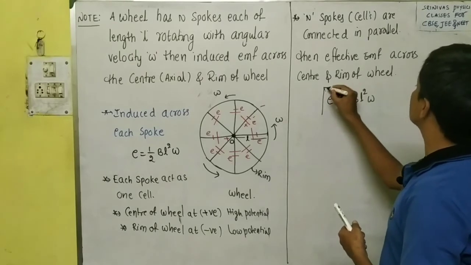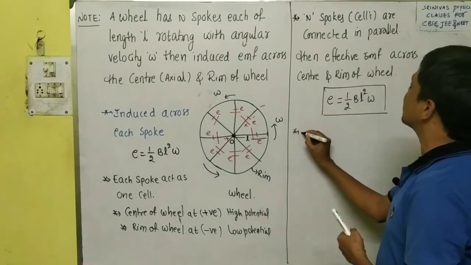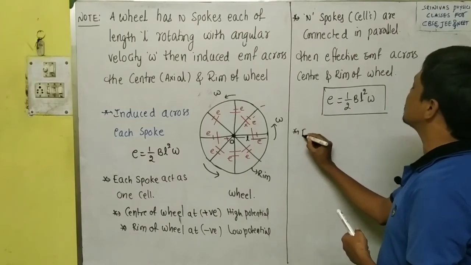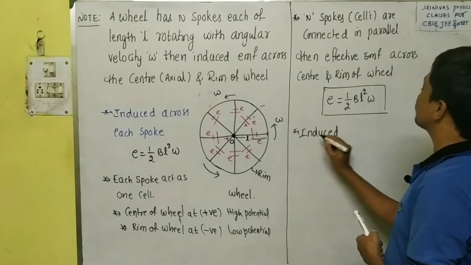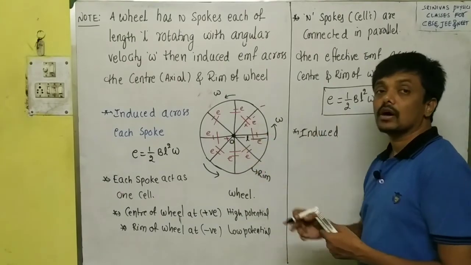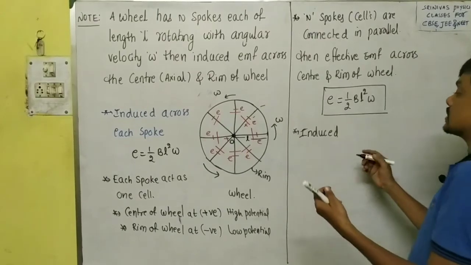That means what can we write here? We can write one thing: if one spoke is there, that much EMF is generated. If n spokes are there, then also it will generate the same EMF.